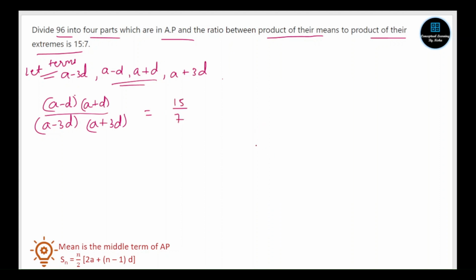Now this is a very familiar expression, right? The (a minus b)(a plus b) identity. Can we use that? Yes, we can. On simplifying that, (a square minus d square) upon (a square minus 9d square) equals 15 upon 7. Now cross multiply them and simplify.